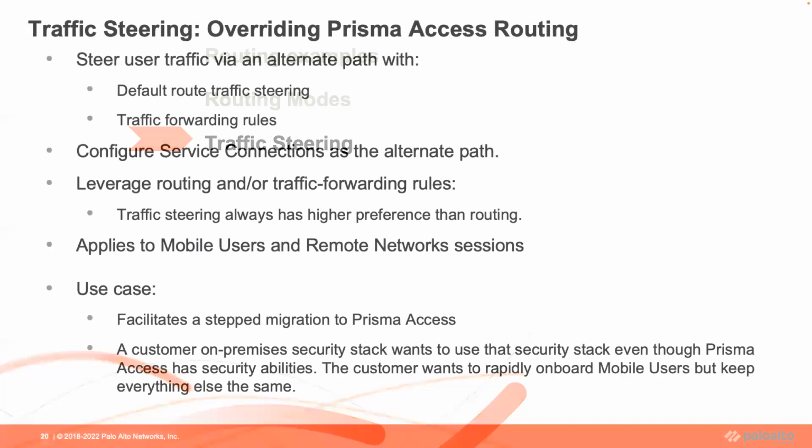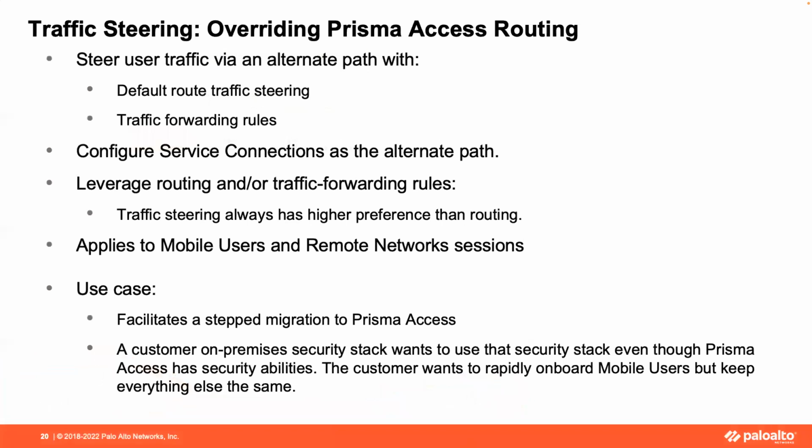With traffic steering, we have the ability to create alternative paths, alternative routes, alternative ways for us to get from a source to a destination based upon things other than just source and destination IP addresses.